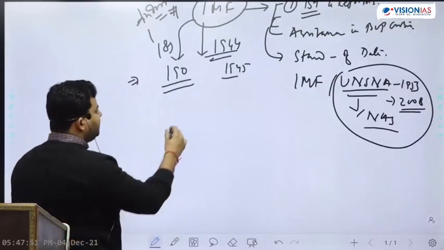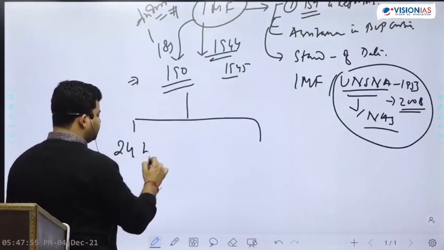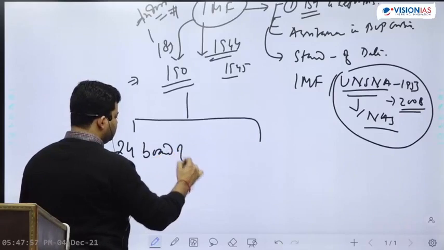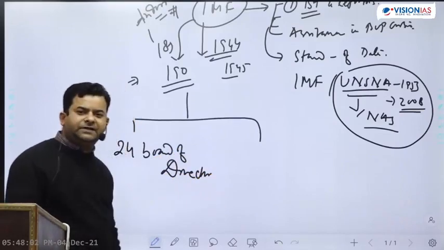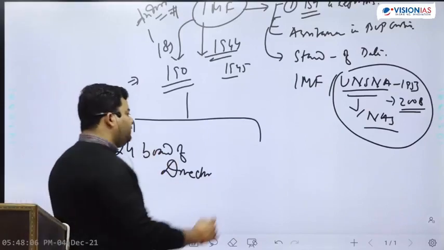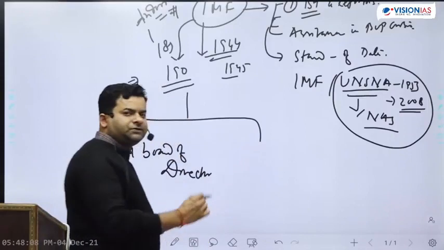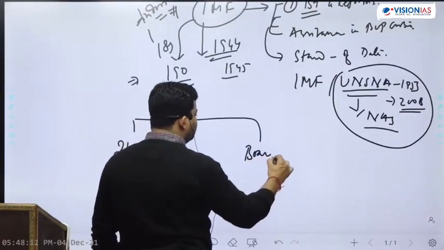If you see, this IMF has 24 board of directors, and we now have from India the deputy managing director. That's a proud moment for us, Geeta Gopinath. And we have every country's finance minister as board of governor. So there are two boards.